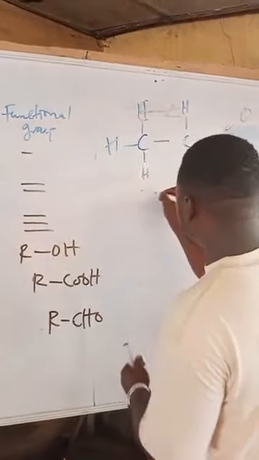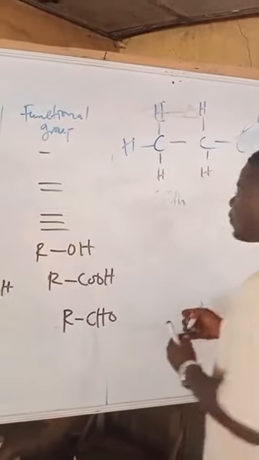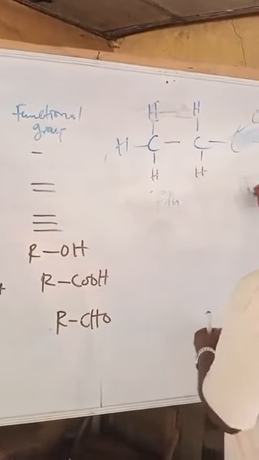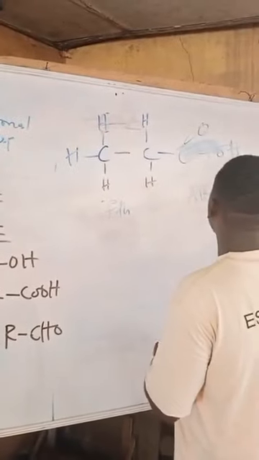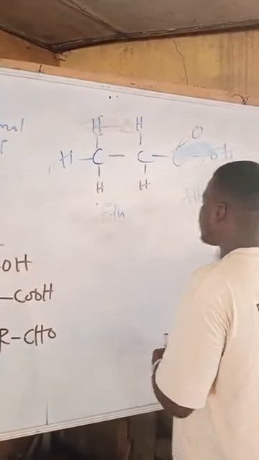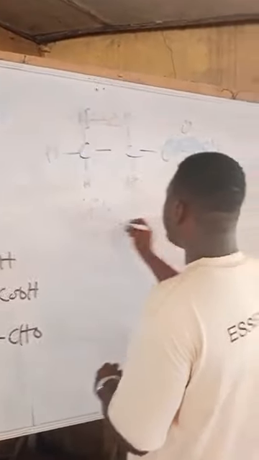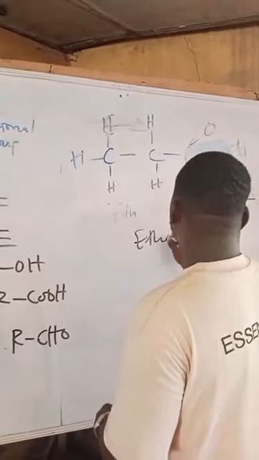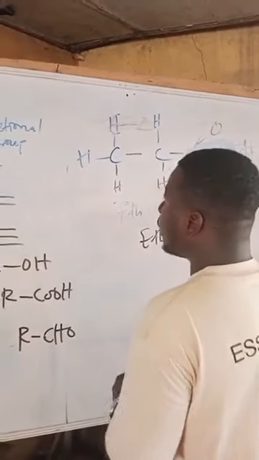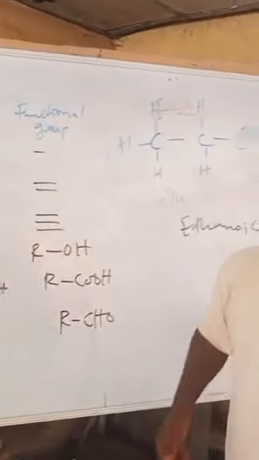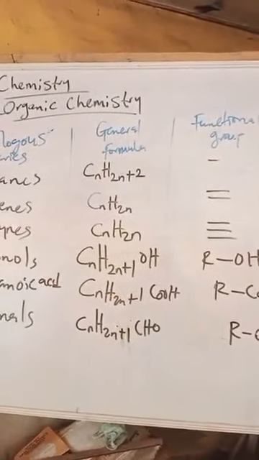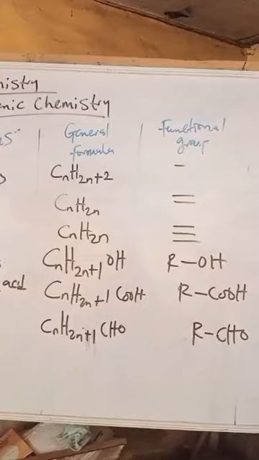So this becomes eth. What is the ending? Remember that this is alkanoic. Now add the ending name to this, so this becomes ethanoic, right? So this is a handful of the functional groups. There are many, and we are going to be reviewing them later.